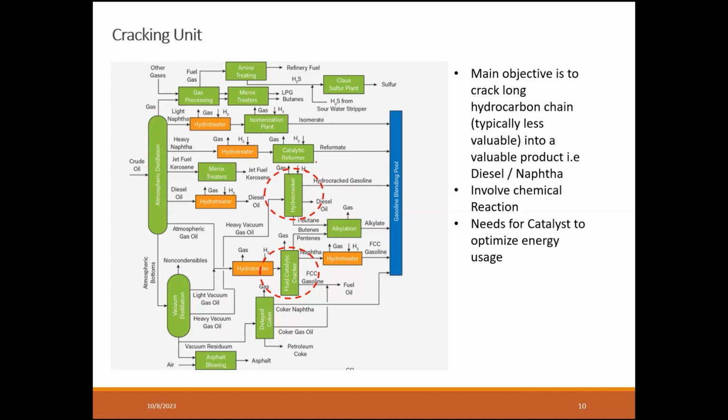When do we need a centrifugal compressor, and when do we need a reciprocating compressor? For the unit that requires higher flow rate, higher gas flow, you definitely need a centrifugal type compressor.